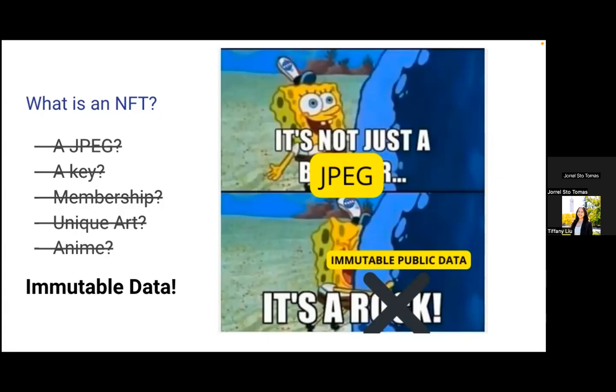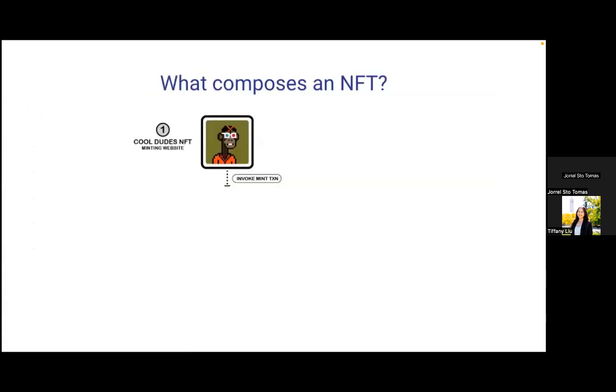Similar to a fungible token and the blockchain, wallet addresses and whatnot that I'm sure you learned about in the last few weeks or so, you could trace back the history of where this certain asset moved. And because that NFT was unique and immutable, that's all that it is. It's just immutable data. So what composes an NFT?